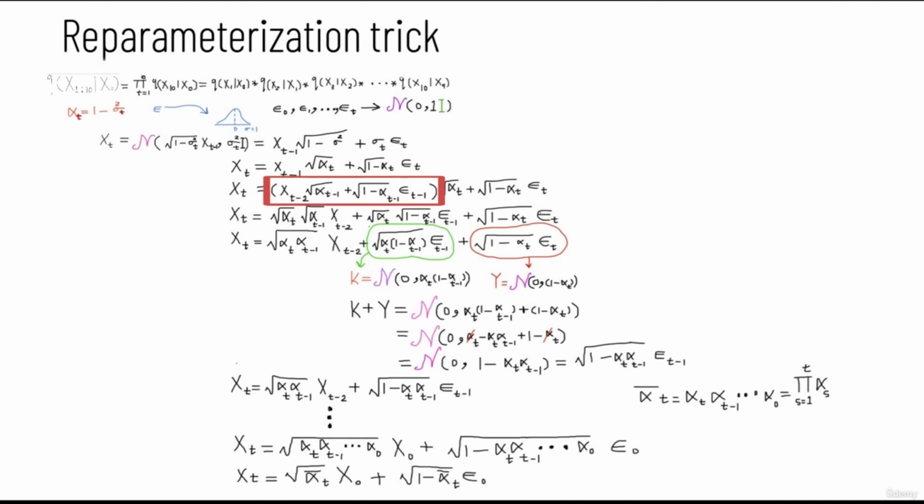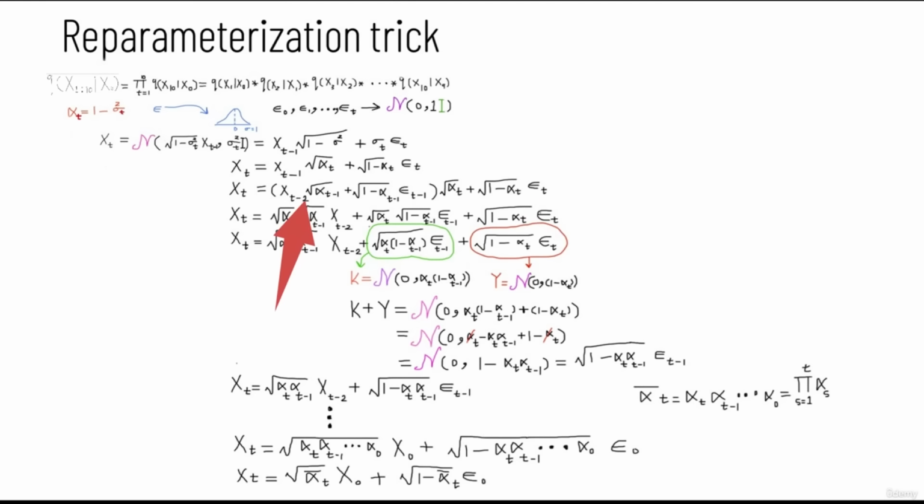And here we will multiply all these things by the square root of alpha t plus the square root of 1 minus alpha t times epsilon t, which is, as we said previously, the noise that we took from the standard Gaussian distribution at time step t.